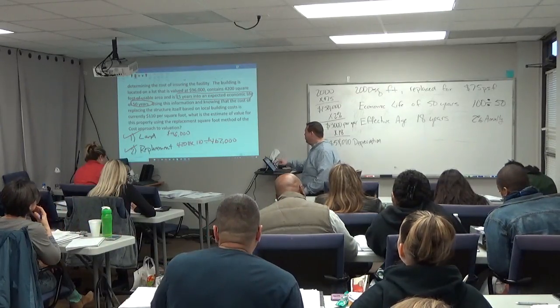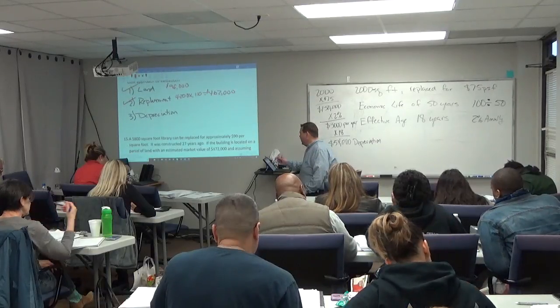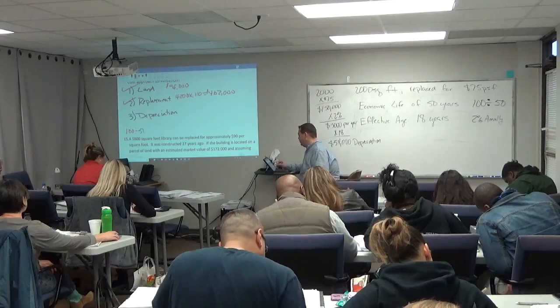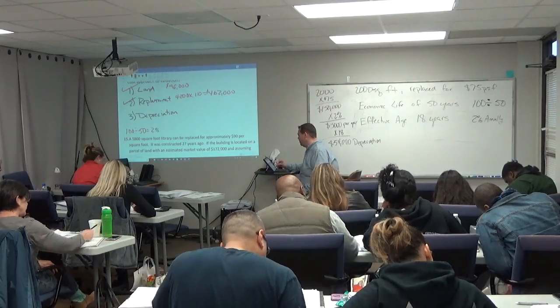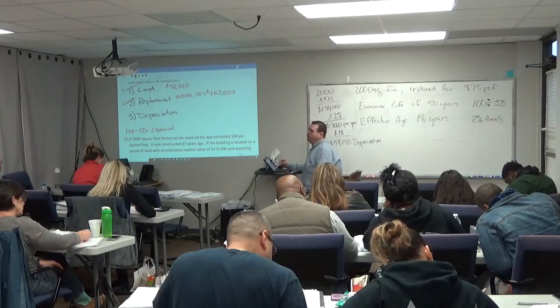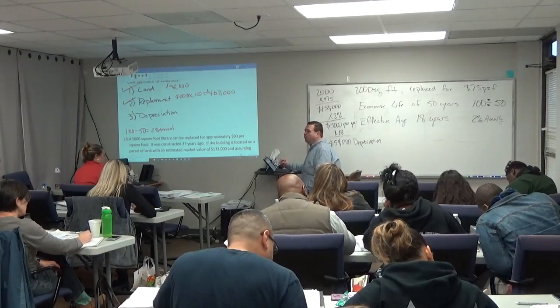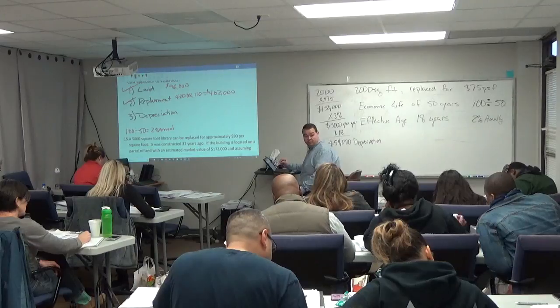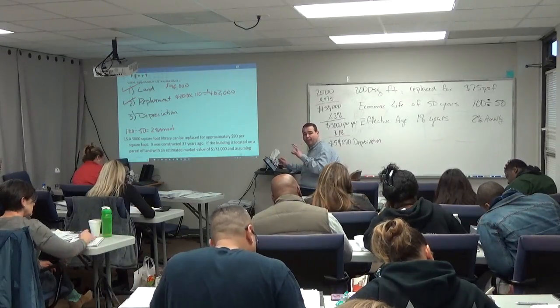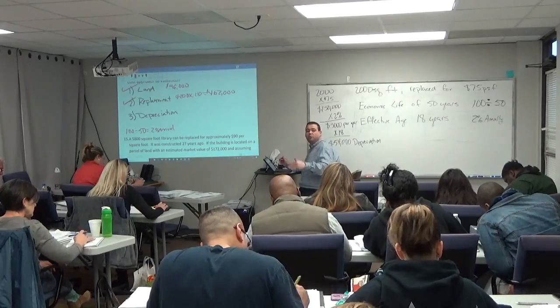So with a 50-year economic life, I'm going to take 100 and divide by 50. That gives me 2% annually. 2% of what number? $462,000, because that's what's depreciating. Just the structure, not the structure and the land, just the structure.